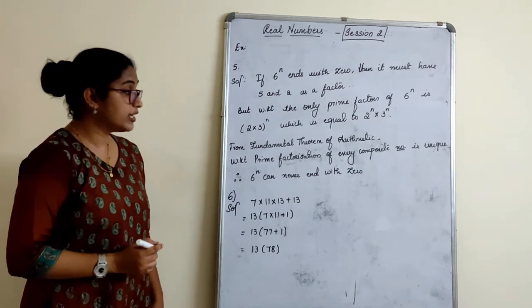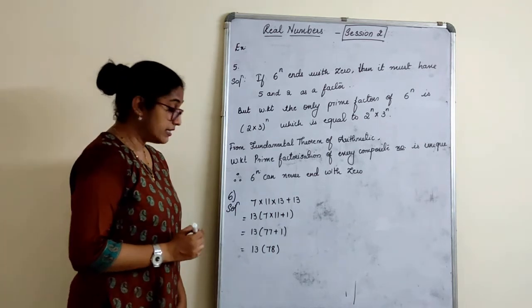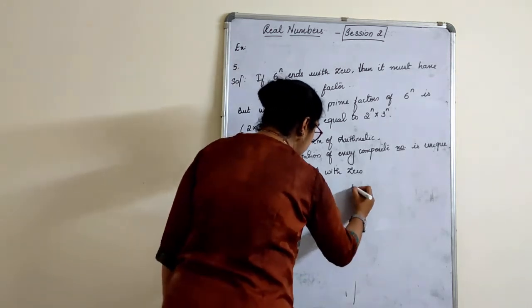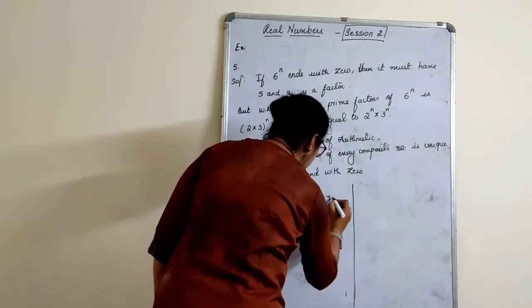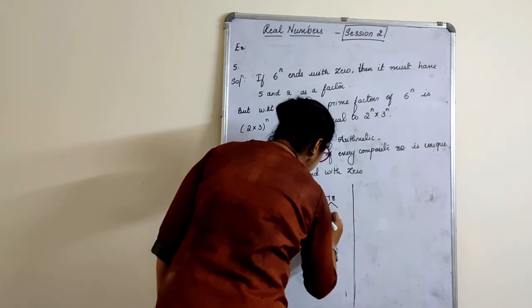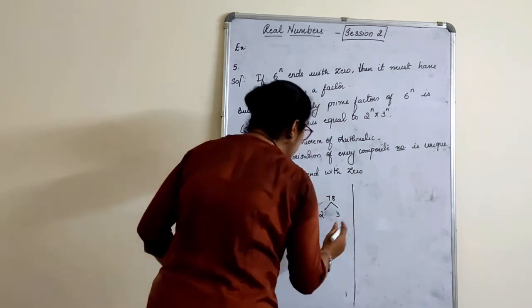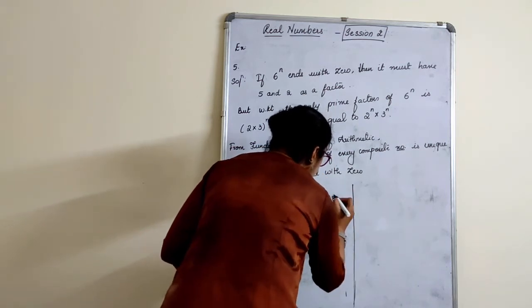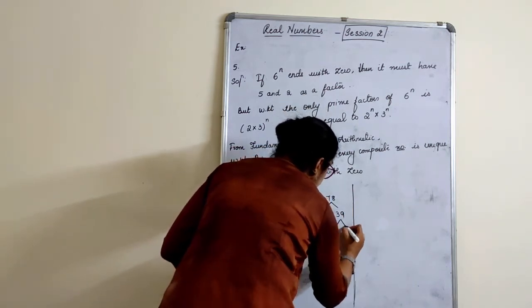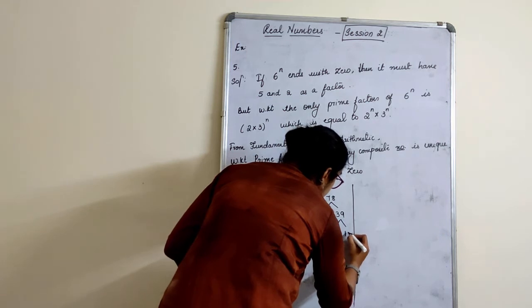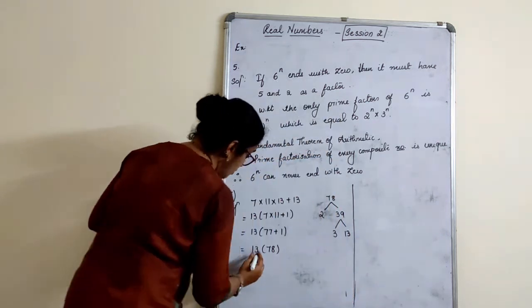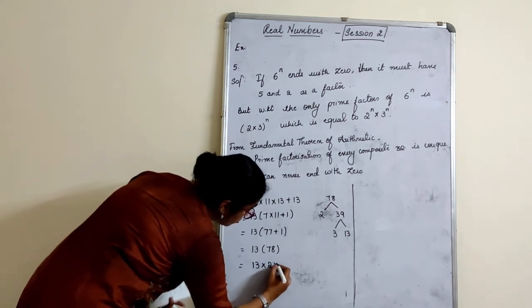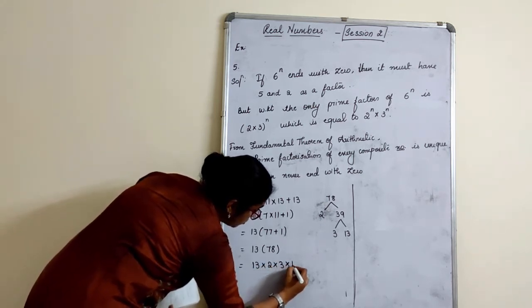Now we have 78, children, here. How do we write 78? You can prime factorize that. So 78 can be prime factorized as 2 into 3 into 13.